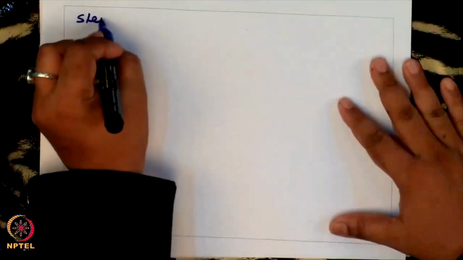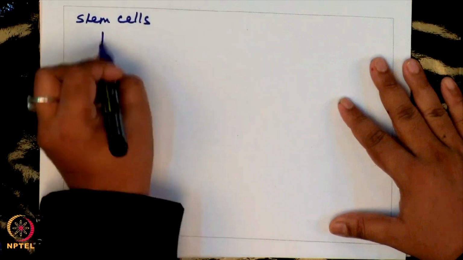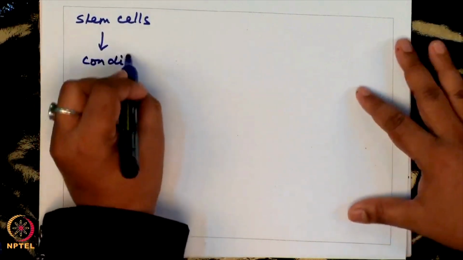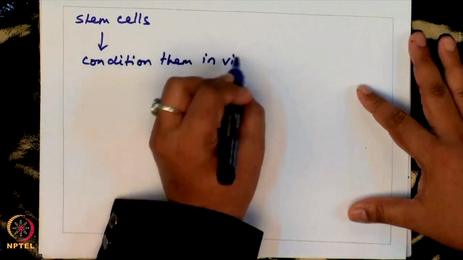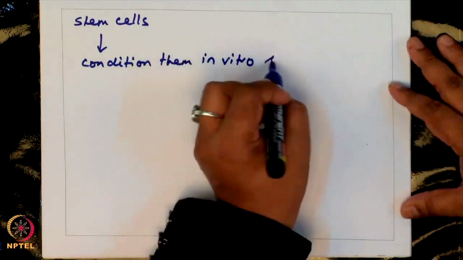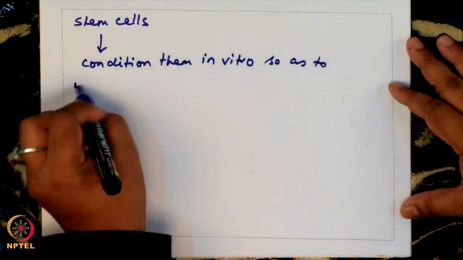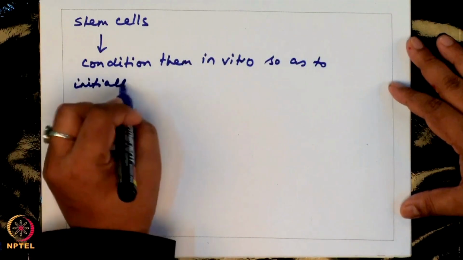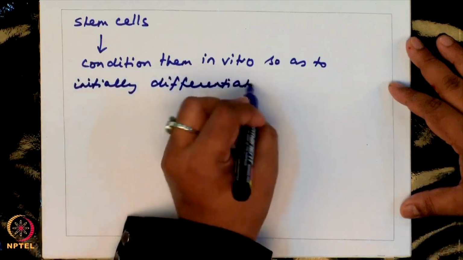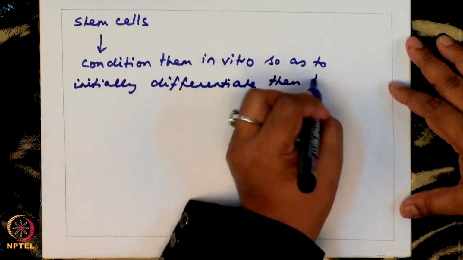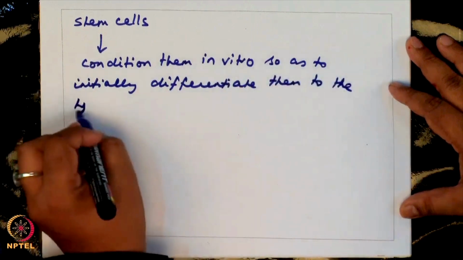So, one way to get around this problem is that you can take stem cells and condition them in vitro so as to initially differentiate them to the type of cell you want.